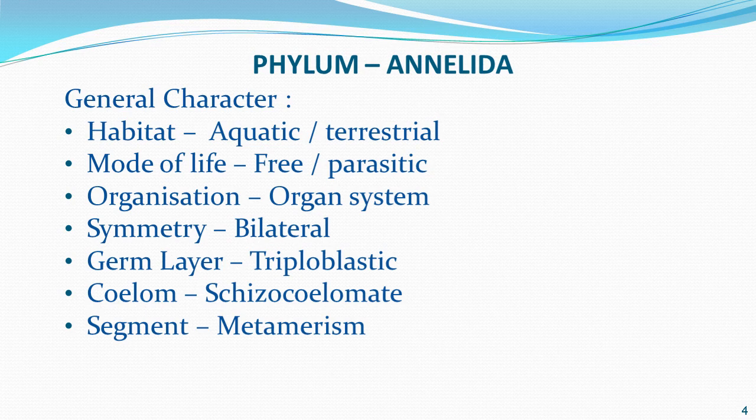Is it clear? And the body arrangement is segmented, especially metamerism, and we will see later how the metameric segments are arranged. These are the few common features we have discussed. Let us go on to the specific characters of each.